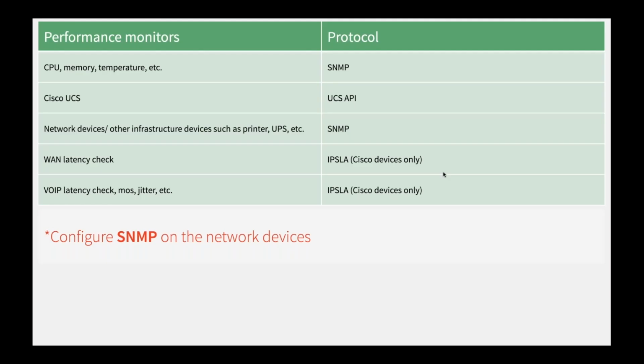All right, so these are all the metrics that we will monitor, the basic metrics, and we use the SNMP protocol to monitor the network devices. So the ground rule is any device that is pingable and SNMP enabled can be monitored by OpManager, and we also monitor the Cisco UCS, for which we use the Cisco UCS API, and the network devices and other infrastructure like printer, UPS, we use SNMP.